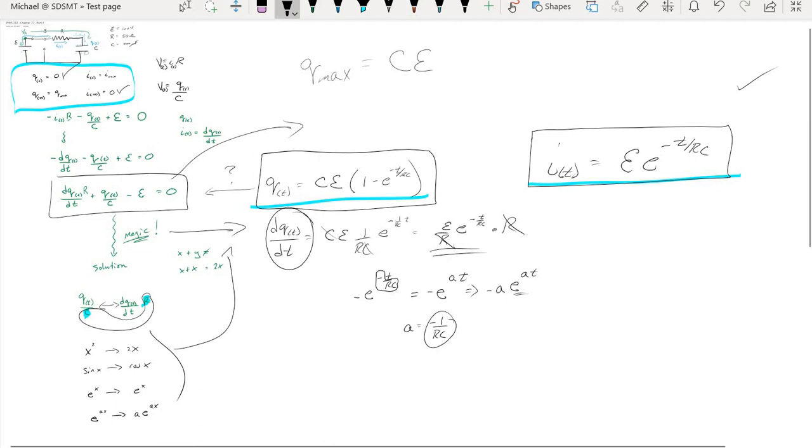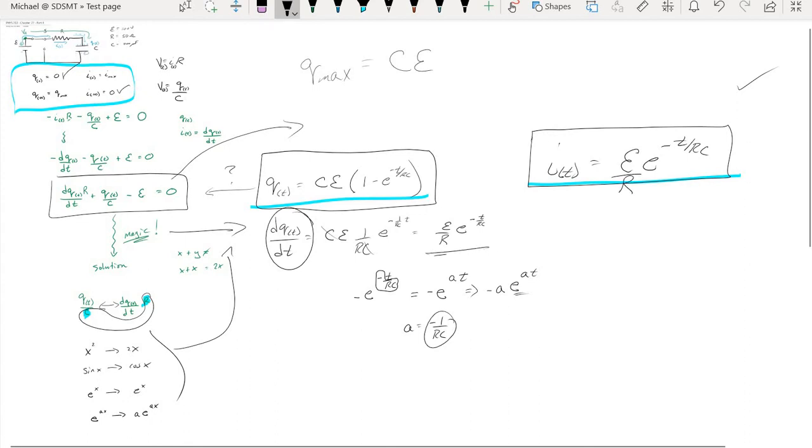But then we said that the maximum current should occur when time is 0. Okay, when time is 0, let's see here. Oops, I made a slight mistake here. The current function has the R still in it.